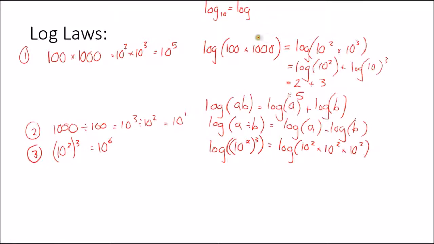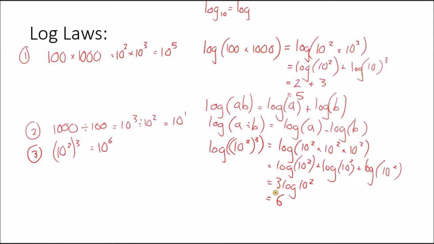Now, if we go back up to our first log law, you know that you're going to add those logs together, and so it's going to be log of 10 squared plus log 10 squared plus log of 10 squared. I've got 3 of those, which is the same as 3 log 10 squared, and so the final answer I'm going to get here is 6.